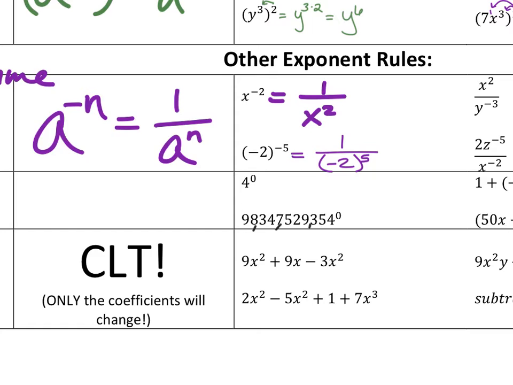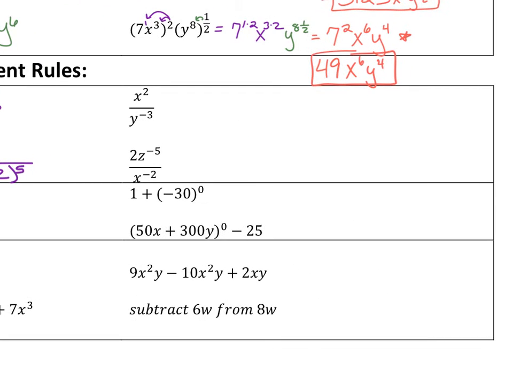If we look at the challenging examples, the only reason that these are challenging is because they have multiple pieces. Now, only the parts that are negative need to move. So this x squared that's in the numerator right now already is positive, so I don't need to move that. I need to move the y to the negative 3 power because I'm not allowed to have negative exponents anymore.